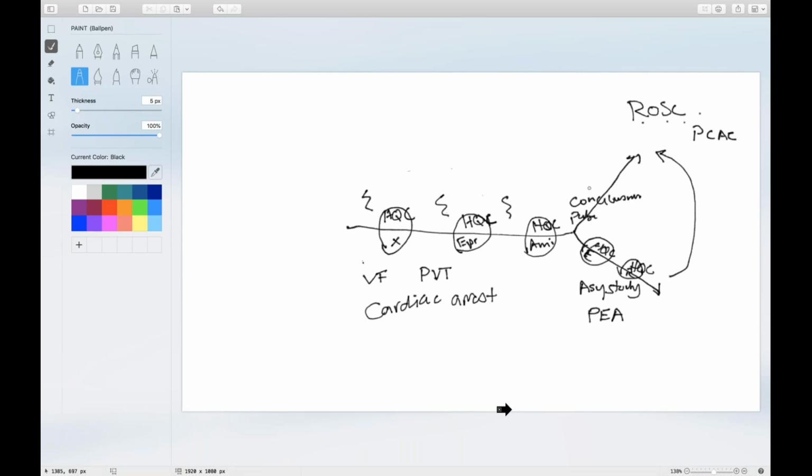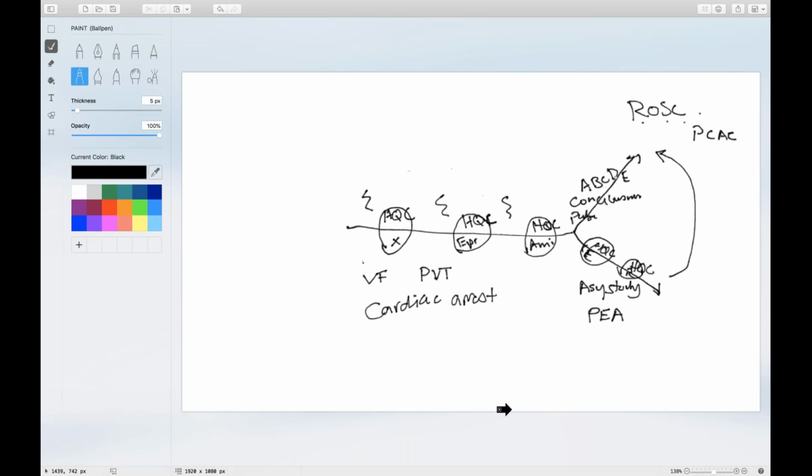But ROSC is as easy as consciousness, then A, B, C, D, E. In ROSC, you need to assess the airway patency, check his breathing and O2 saturation. The C is for cardiac, you will attach ECG, and the D is for diagnostics.